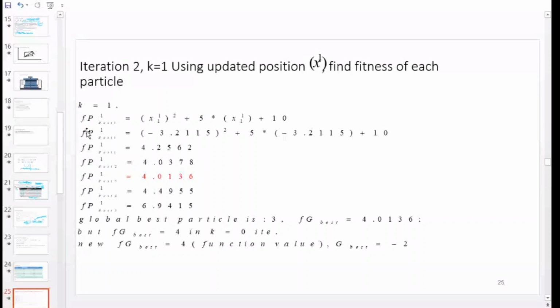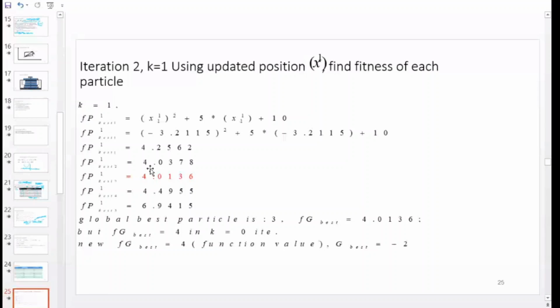Okay, so now find out the values of f of x and put k is equal to 1, right? So functional personal based value of the first particle at the end of first iteration, right? It is x1 superscript 1 square plus 5, x1 superscript 1 plus 10, right? So functional personal based value obtained is 4.2563.